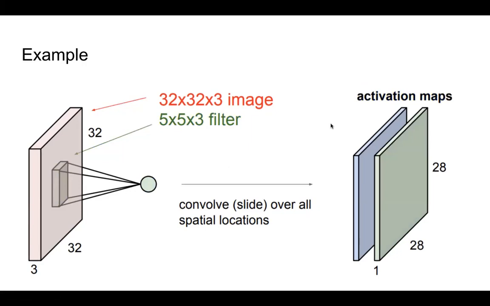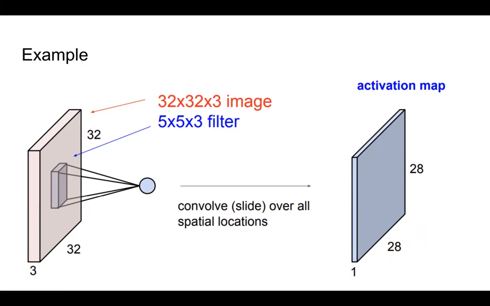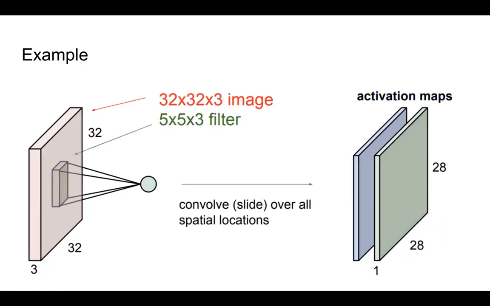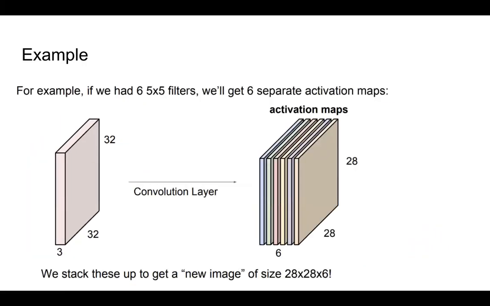And this is for one filter. If we use another filter, we'll get another activation map. Let's say we use 6 separate filters. We don't know whether extracting the vertical edge, horizontal edge, curvedness, or many more things that we as humans don't know about will help us get better at classification.